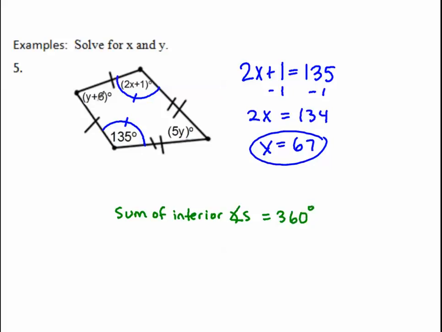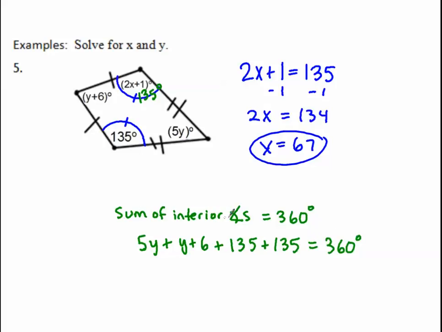So I'm going to add up all my angles, and they need to equal 360 degrees. So first of all, remember, if this was 135 degrees and these are congruent, this one's also 135 degrees. So I'm going to write 5y plus the other one that has a y in it, plus the other two, 135 plus 135 equals 360 degrees.